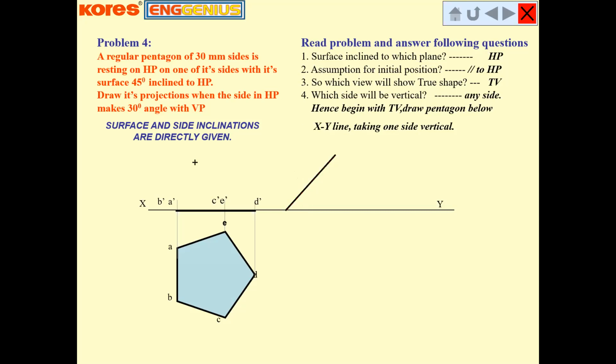Clear? So here we are just inclining the front view by keeping the points A and B on the XY line. Then we have measured the distance from A to C, the same distance. We need to mark it over here and find out the location of C and E.